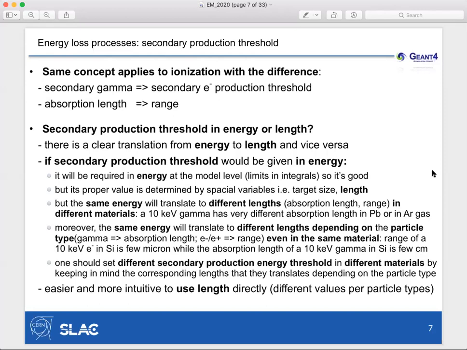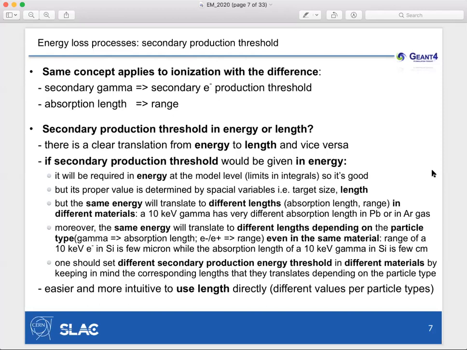So this question regarding whether we should give the production threshold in energy or length. We can say a couple of words, because actually different simulation toolkits will have a different decision on this line.